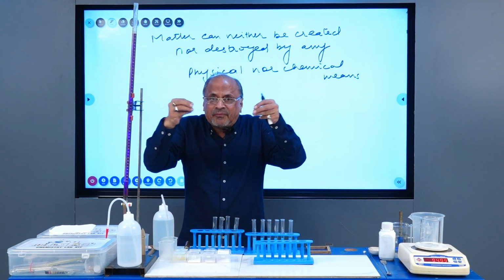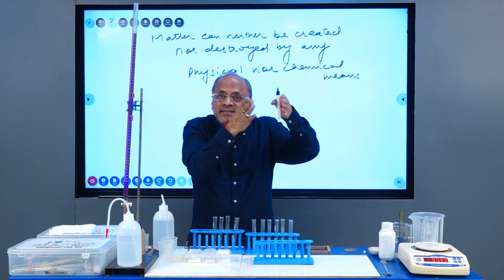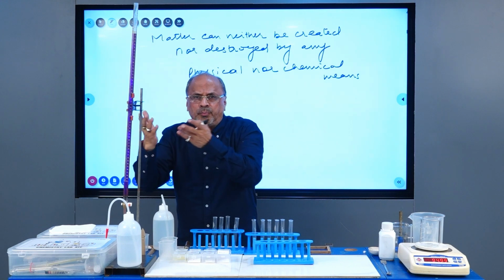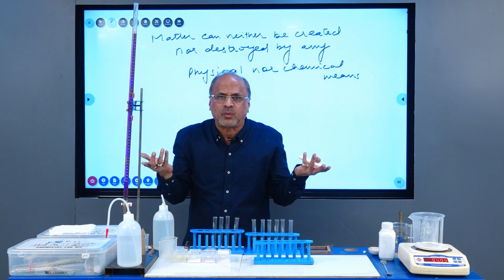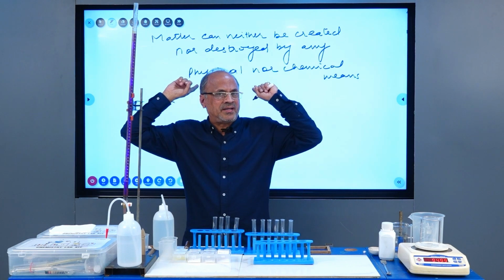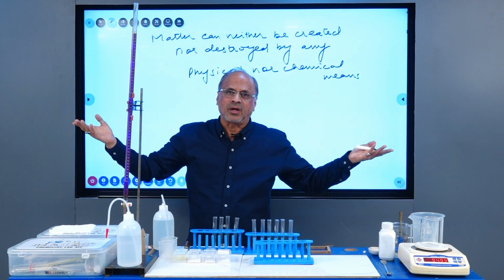So, when we perform a chemical reaction, the mass of the reactants and the mass of the products both should be equal. If that is so, that means the law of conservation of mass is correct, because no new matter is formed, no matter is lost.